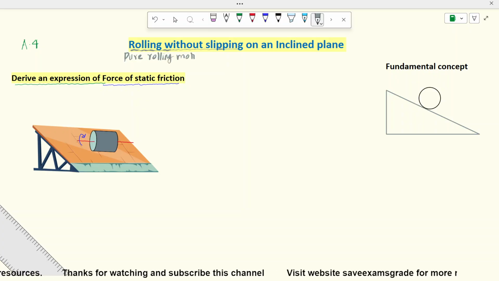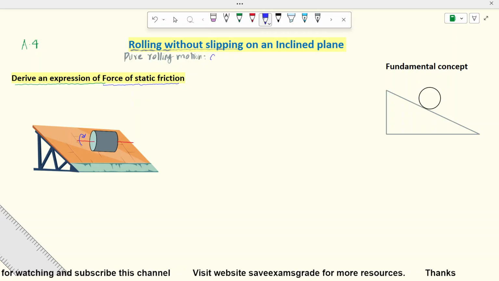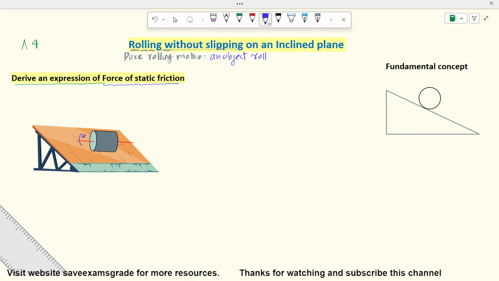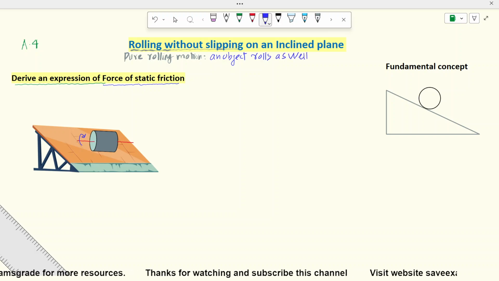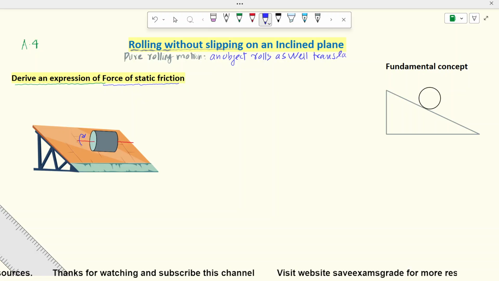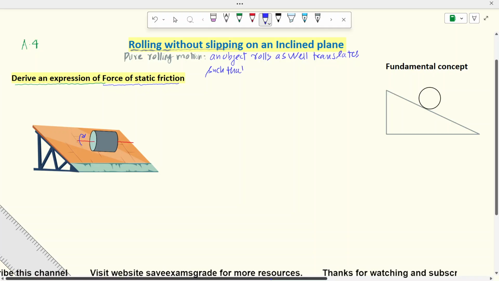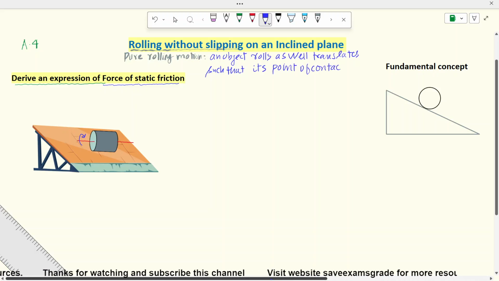Pure rolling motion is a motion in which an object not only rolls, but also translates, moving in a straight line, such that its point of contact has no velocity relative to the surface. Kindly stick to the video because I will explain why this happens.